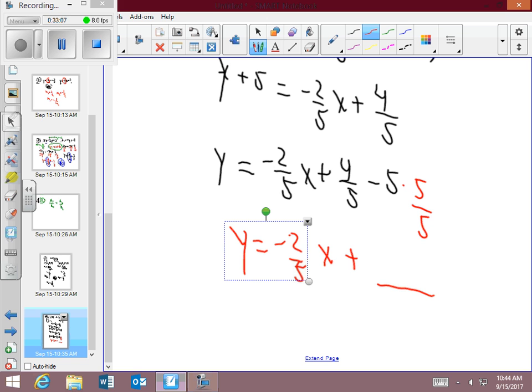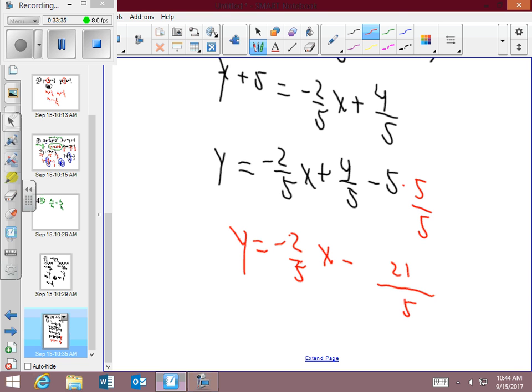Minus 21. Am I doing too much in my head? Okay, is everyone good? See, this is going to be 25, that's going to be 4, this is negative, that's plus. So I really anticipated wrongly to put a plus there. It actually is going to have to be a minus 21 over 5.